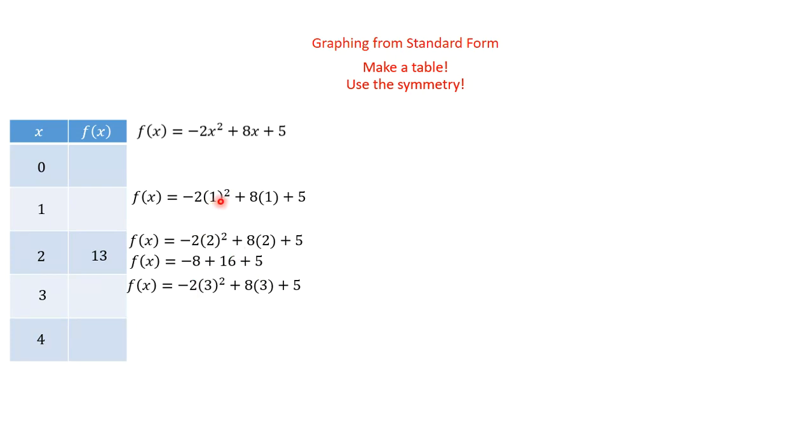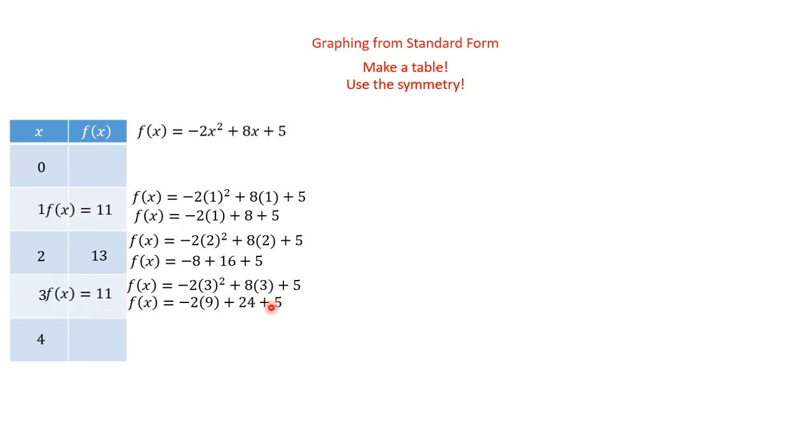So 1 squared is 1, times -2 is -2, plus 8, plus 5. Here we'll have 9, -18, plus 24, plus 5. And then, when we simplify, we get 11 in both cases. -2 plus 8 is 6, plus 5 is 11. -18 plus 24 is 6, plus 5 is 11.